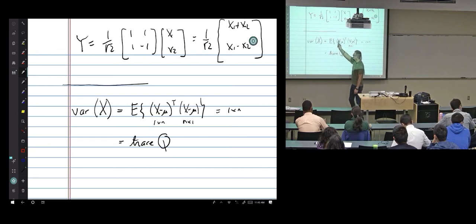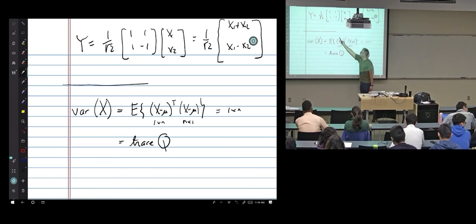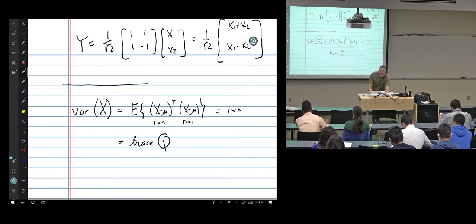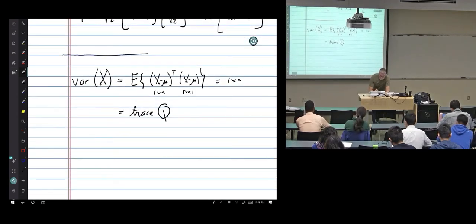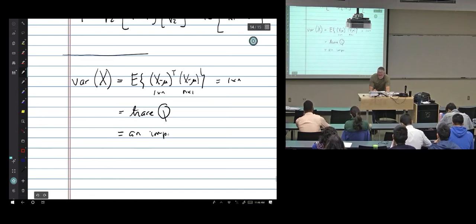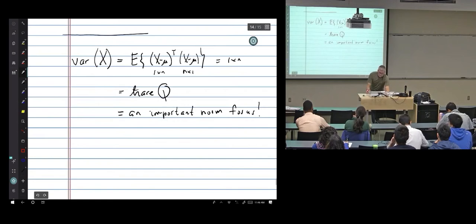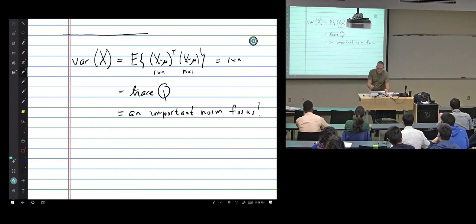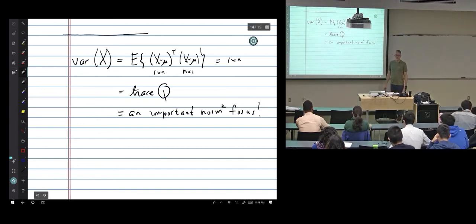So the variance of the random vector is the sum of the variances of the components of your random vector. So it's a trace of the covariance matrix, okay? And this will be an important norm for us. So this is a scalar. This will be the important norm squared for us.